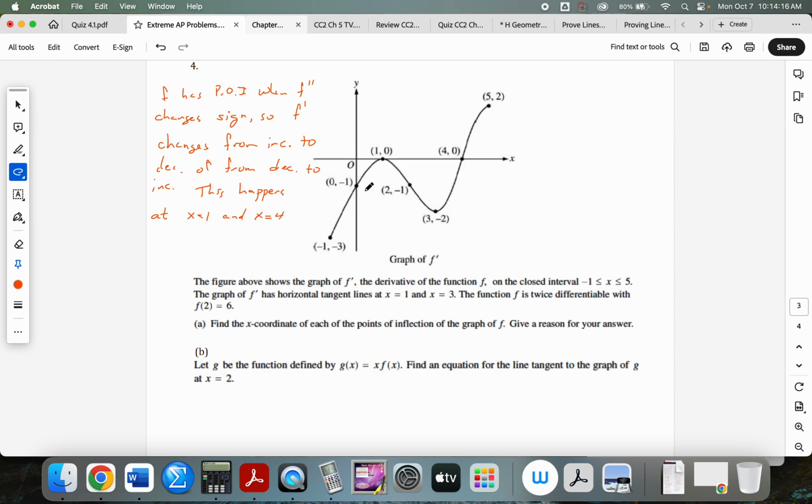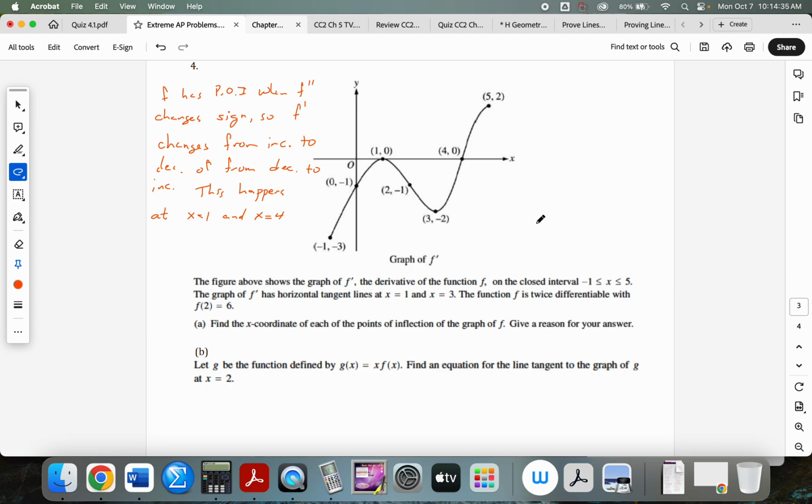Personally, when I do these, I don't talk about f double prime at all, right? Because the definition of concave up and concave down is on whether f prime is increasing or decreasing.